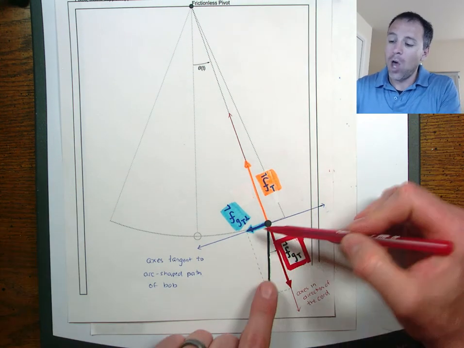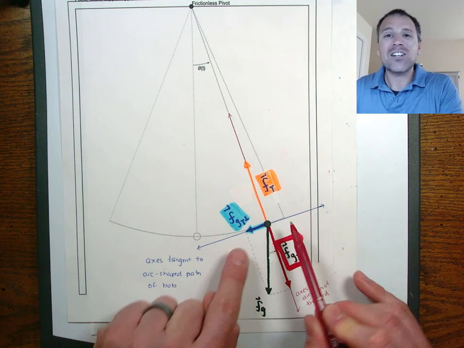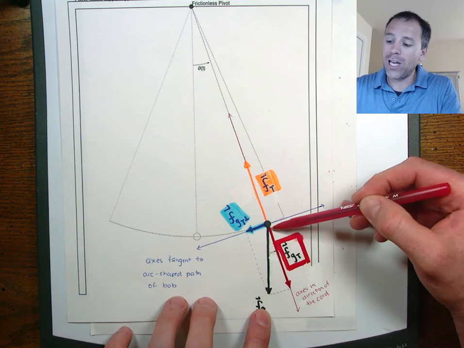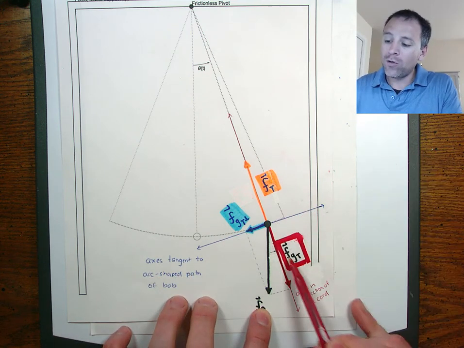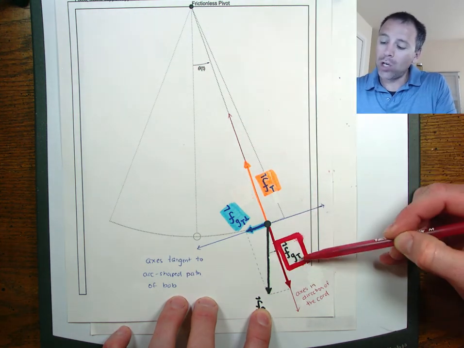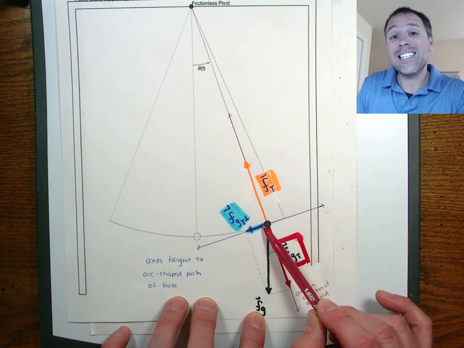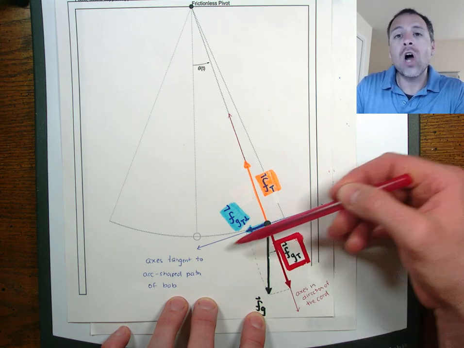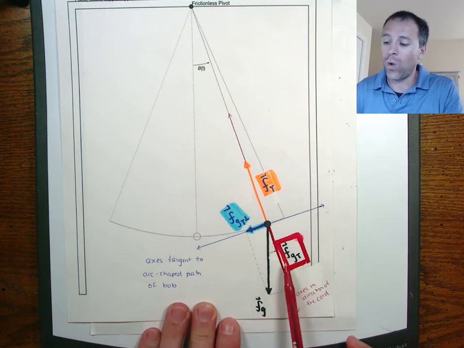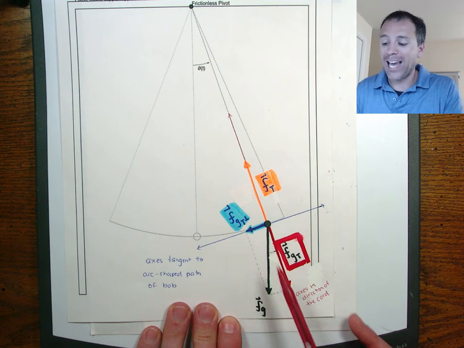So specifically, when I'm thinking about my black gravity force, I can decompose that into two orthogonal vectors. I can decompose that into the force of gravity along the axis defined by the chord, along the direction that the tension force is, and I can decompose it as a separate vector along the axis tangent to my arc-shaped path. So in other words, when I add the red to the blue, I get the black.